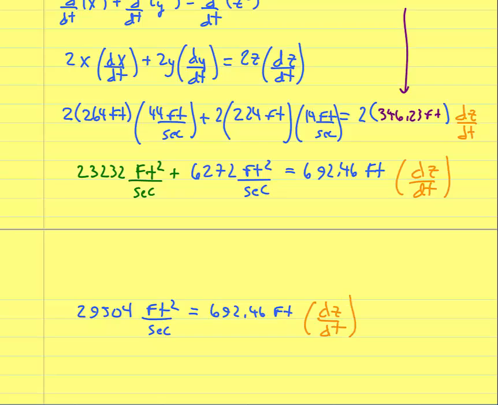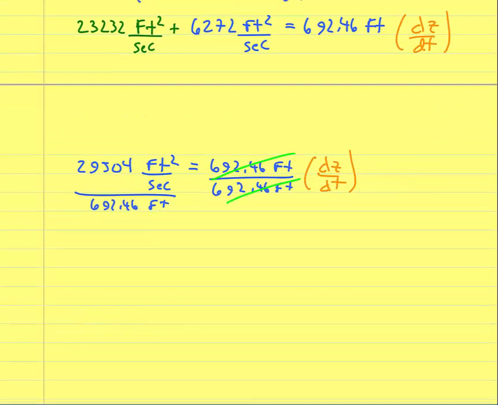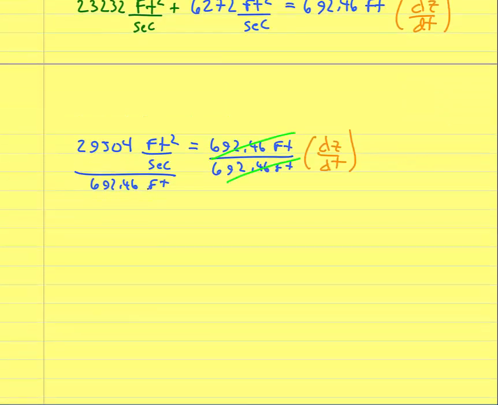Now I want the dz dt to stay, and I want this to go, so I'm going to divide both sides through by 692.46 feet. And I end up with feet canceling, so I'm left with feet per second.